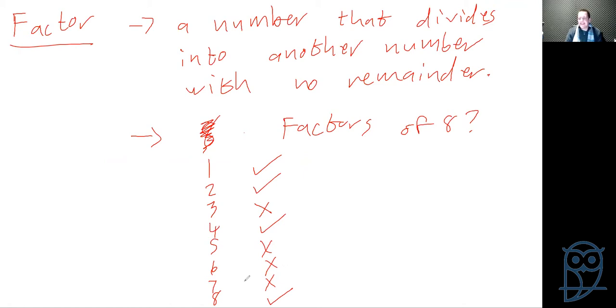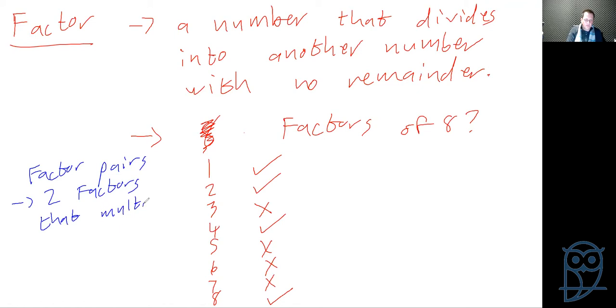So there is an easier way of doing this. And it comes about through knowing something called factor pairs. And factor pairs are two factors that multiply to give the original number.